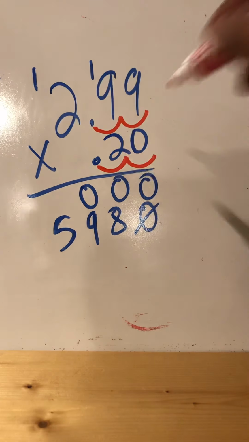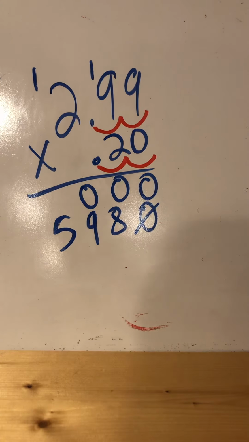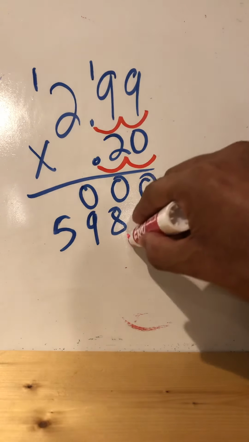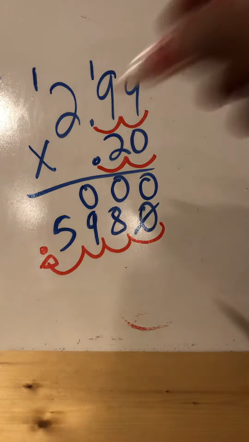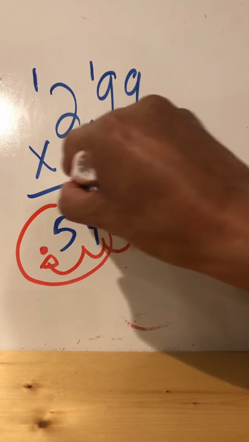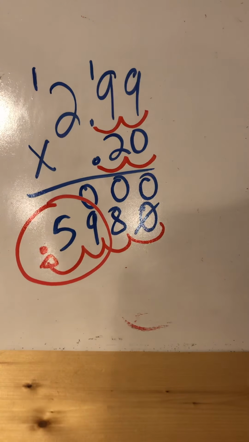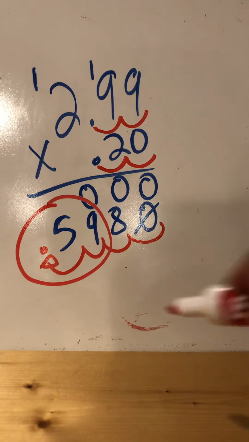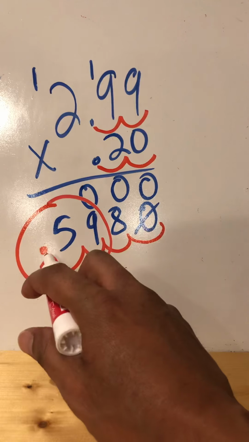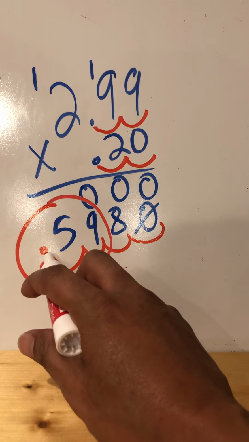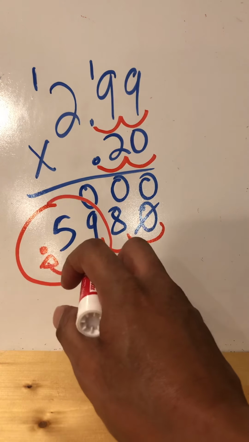So I count and I see that I moved 4 times. So I'm going to go 1, 2, 3, 4. Well, we're talking about money, which means we only care about these two digits because money only goes up to the hundredths place, cents, I should say. So I can say that my 20% discount was 59 cents.